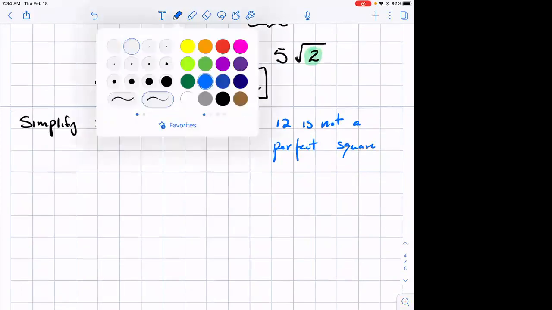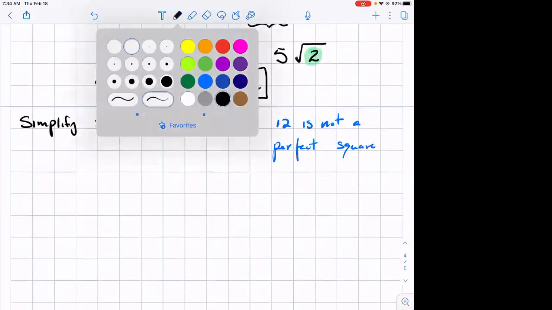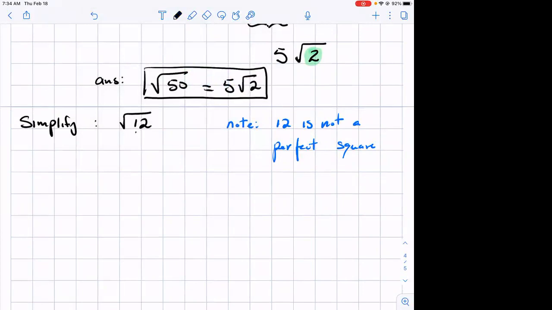So what are the factors of 12? Well, sorry, the factors of 12. So we have 2 times 6, okay? Or we have 3 times 4, and 1 times 12. 1 times 12, we don't really take that because we don't usually use 1 times 12, okay?